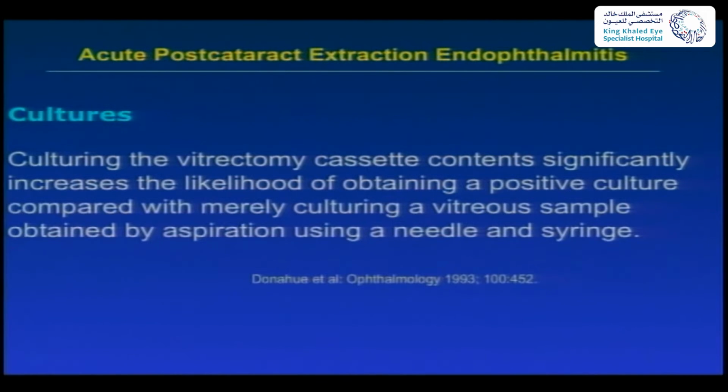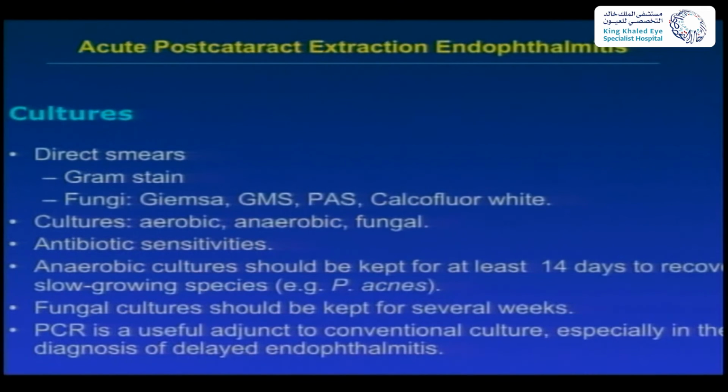An old study shows that culturing the vitrectomy cassette improves the possibility of culturing the organism. We have to do Gram stain and stain for fungi. The culture should be aerobic, anaerobic, and fungal, and we do antibiotic sensitivity. Anaerobic cultures are important when we talk about Propionibacterium acnes endophthalmitis, and should be kept for at least 14 days.